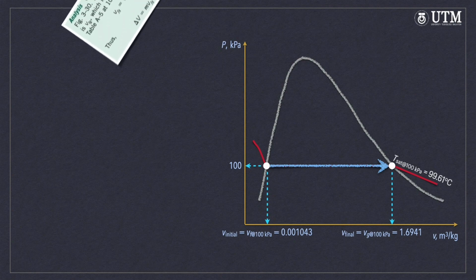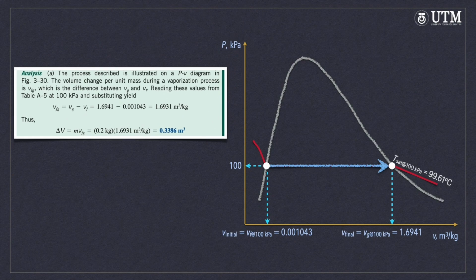The volume change is a product of the mass of the saturated liquid water and the specific volume of the vaporization process.